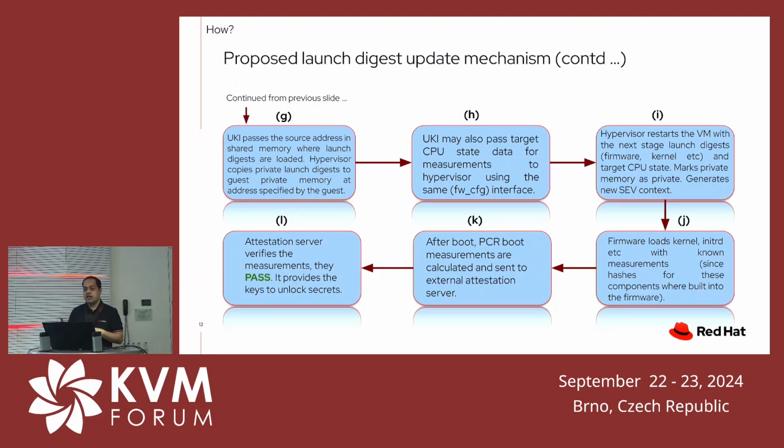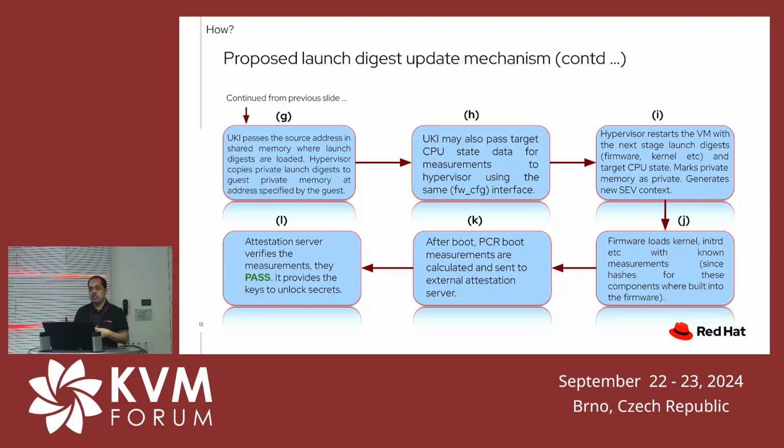And this time, it is actually running the VM with the firmware that the guest trusts. Since this firmware is trusted by the guest, it also has the hashes for the other boot components, kernel, initrd, etc.